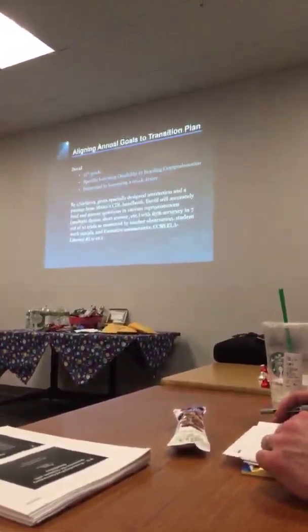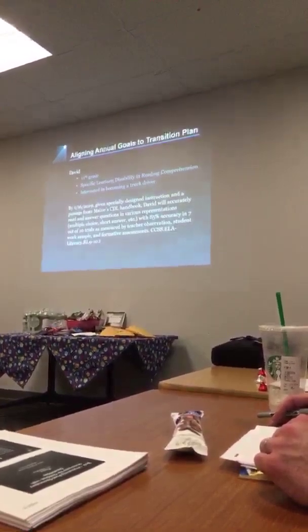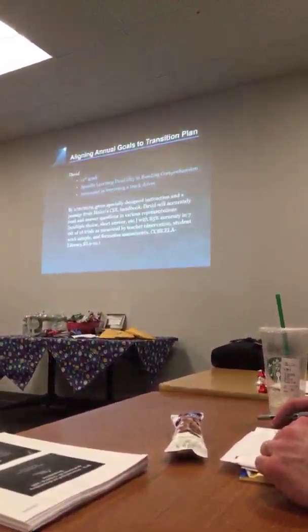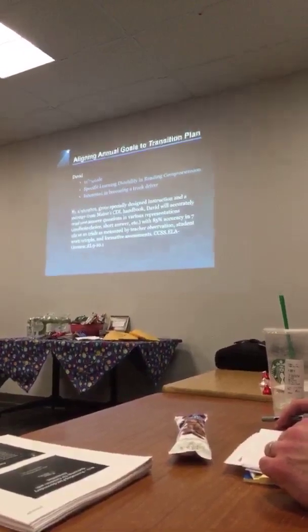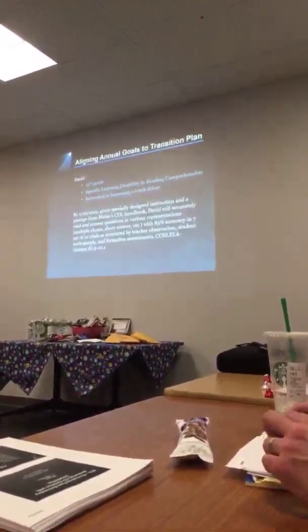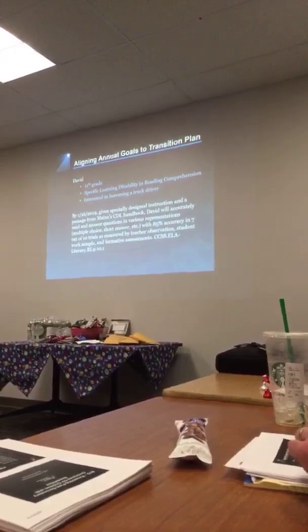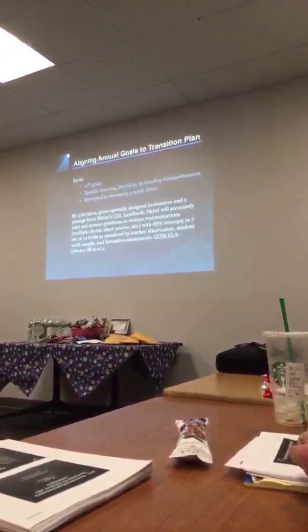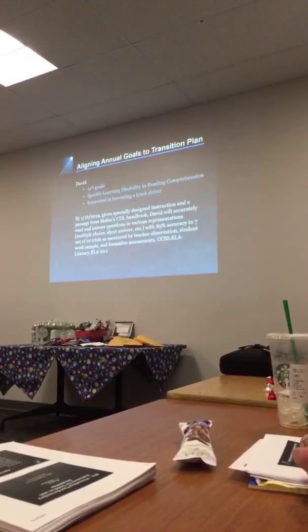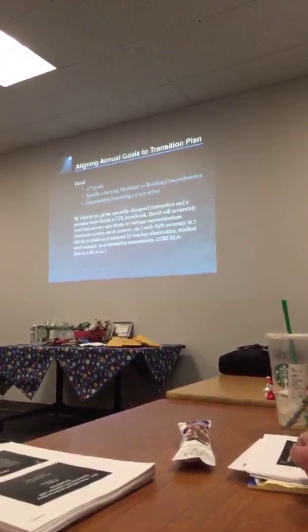It's compliant alignment. I don't want to say minimum, but compliant. And so this is an example of a goal that is created based off of a child's disability and has very clear alignment to what the child is interested in doing post-secondary.